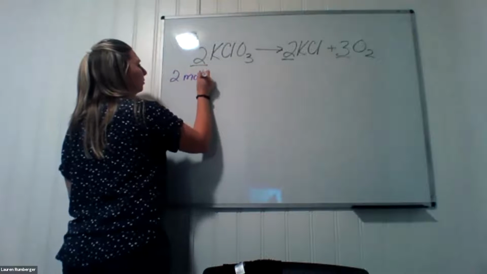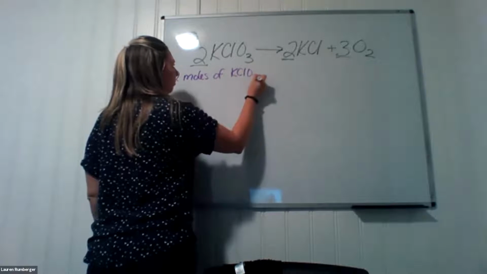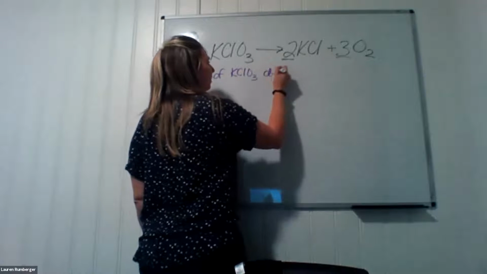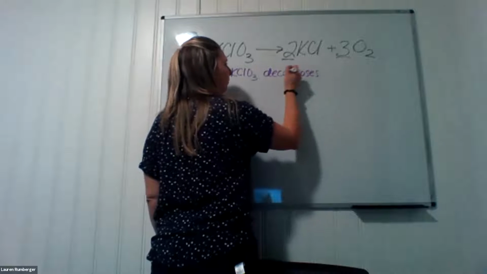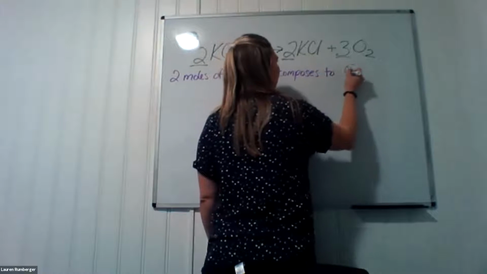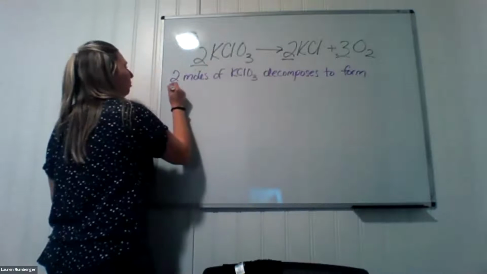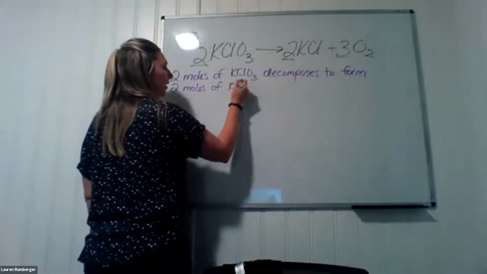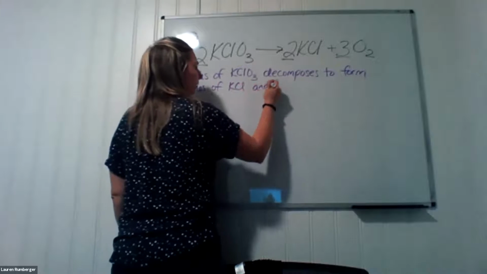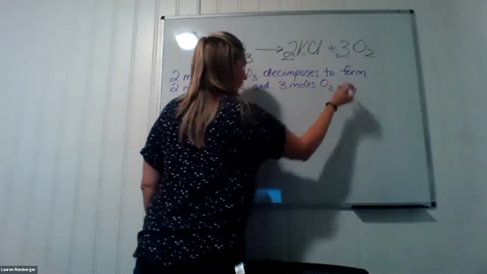Two moles of KClO3 decomposes. Remember, this is a decomposition, to form 2 moles of KCl and 3 moles of oxygen.